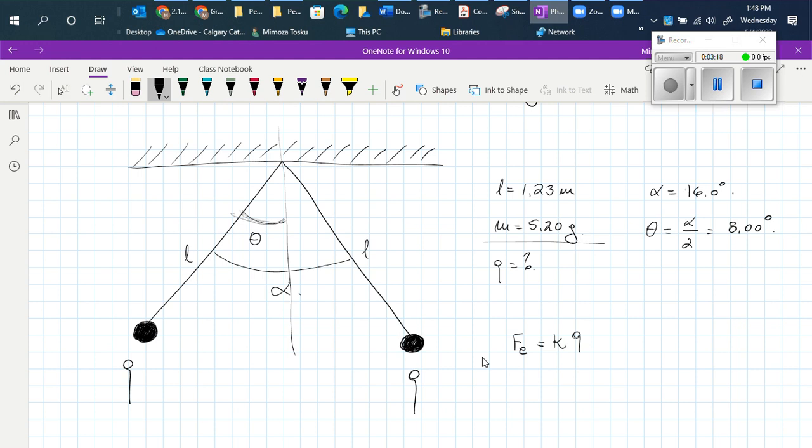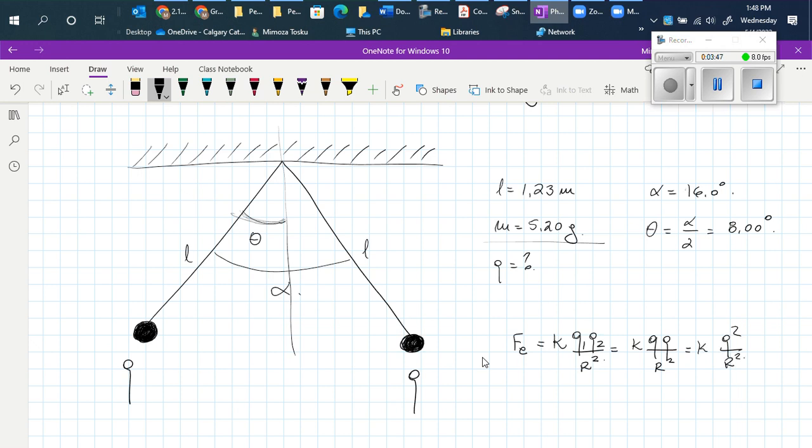So Coulomb's law is Q1 Q2 over R squared. Since the two charges are identical, we can say that it is Q times Q over R squared. Q times Q, when one quantity is multiplied by itself, you can express it as Q squared over R squared.